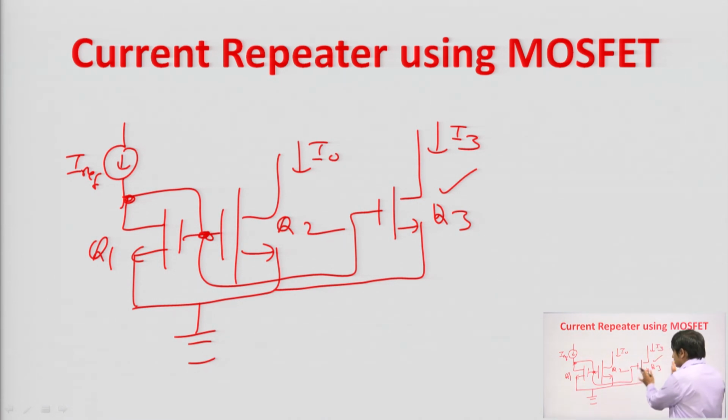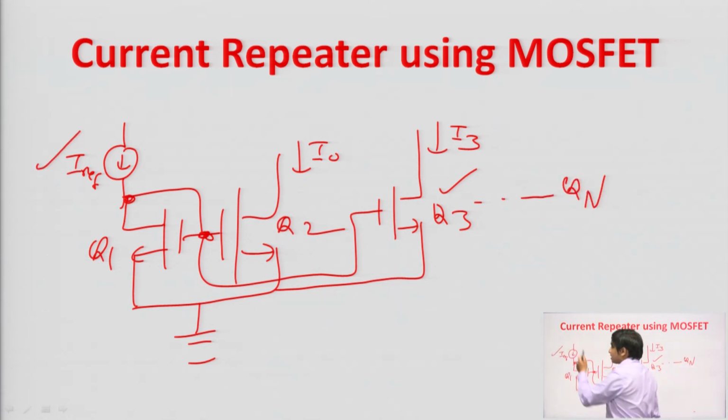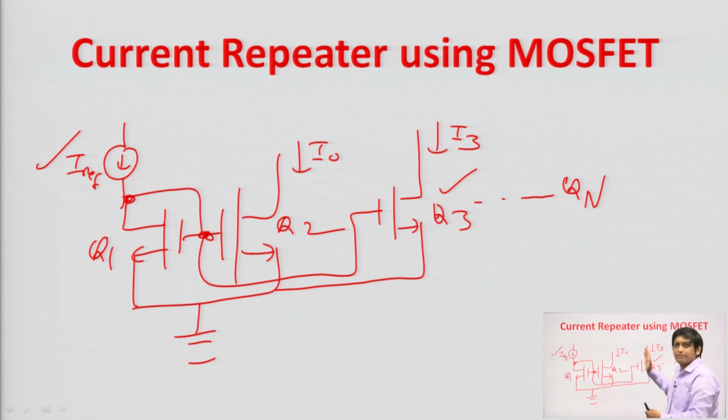So, we can extend this Q1, Q2, Q3 up to Qn. So, we can repeat this I reference current multiple times. If we are adding additional transistors, then we need to make sure that the gate and source of those additional transistors Q3, Q4, Q5, Q6, Qn are shorted to the gate and source of Q1 and Q2.